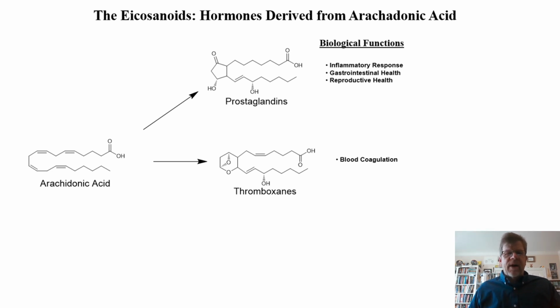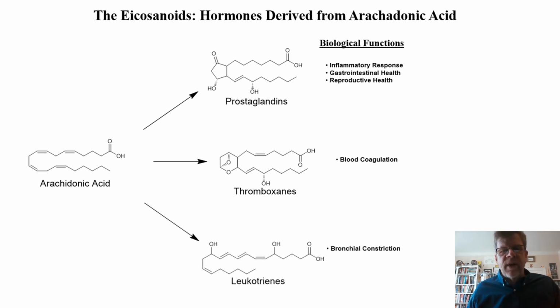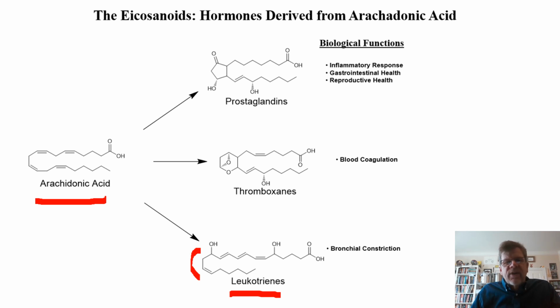The last hormone derived from arachidonic acid, the last eicosanoid, is a series of structures known as the leukotrienes. The leukotrienes are the least structurally augmented, if you will, from the original arachidonic acid. There is no head group on the end, such as we see on the thromboxanes or the prostaglandins, so it's much easier to see that echo of the original arachidonic acid.